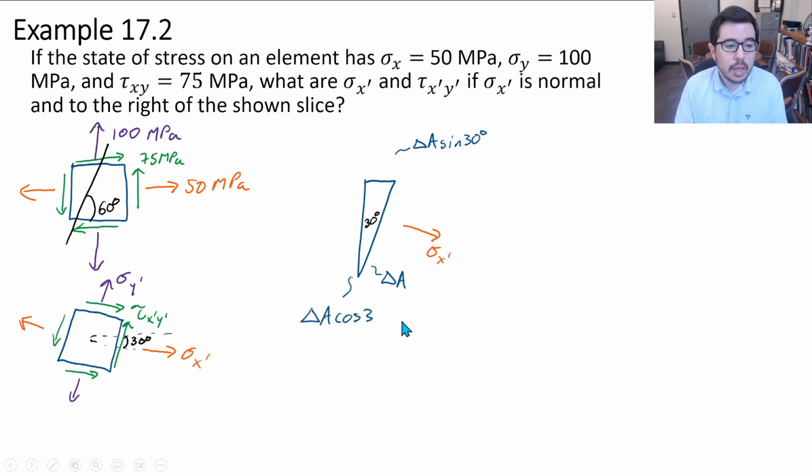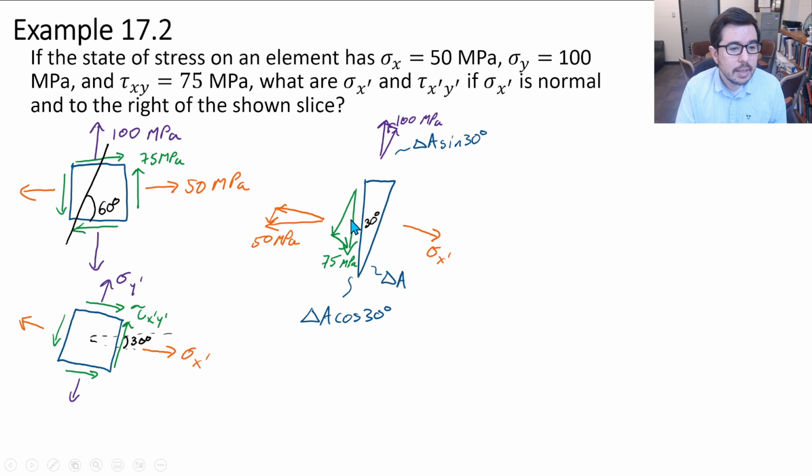Again, we define the faces of the opposite and adjacent portions of the triangle. We make sure we keep track of the hypotenuse associated with sigma x in this case, also the hypotenuse associated with sigma y and its components, break it down. And now we also have these components associated with shear stress.